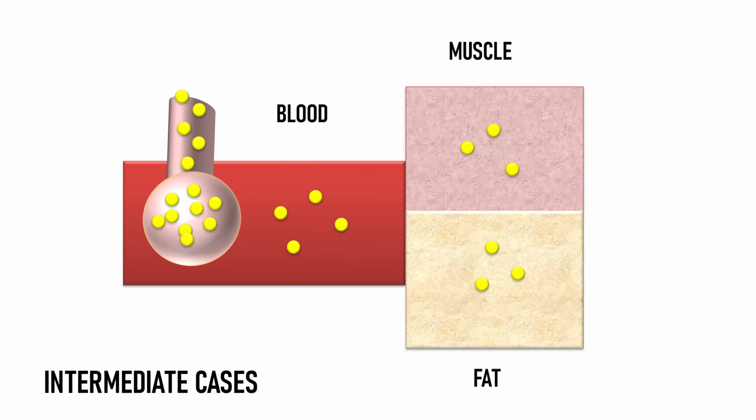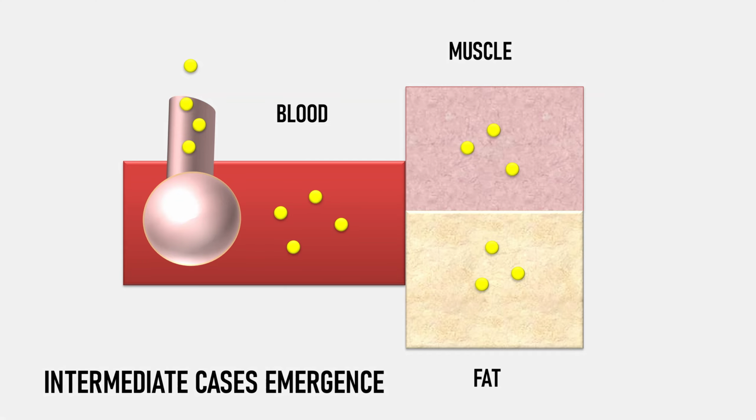So, emergence from anesthesia in short cases is very much determined by the blood gas partition coefficient. During intermediate length cases, there is moderate tissue accumulation in both fat and muscle. Emergence is slower, determined by a combination of the tissue solubility of the agent, the tissue blood partition coefficients, and the blood solubility, the blood gas partition coefficient.